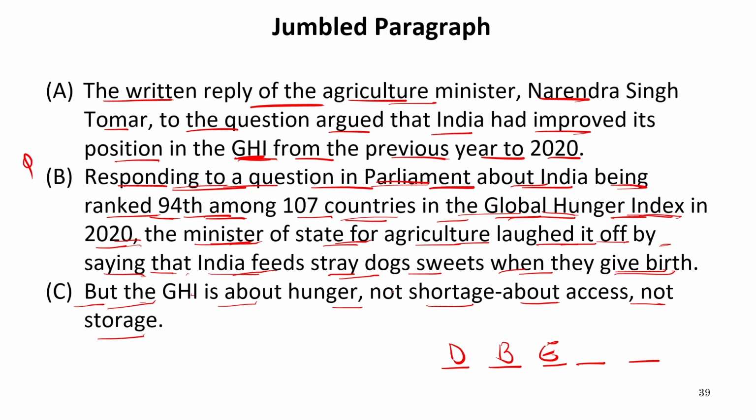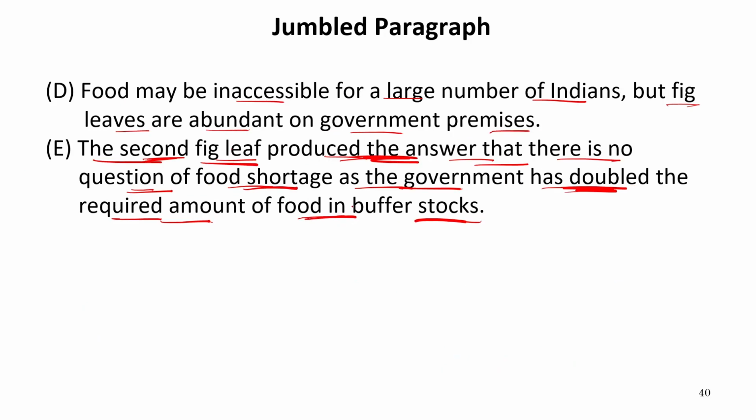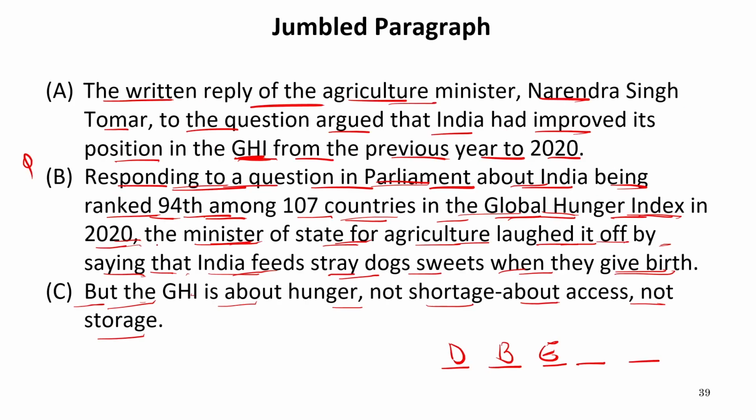In the E sentence, it is written that food in buffer stocks. So the answer is that there is no question of food shortage as the government has doubled the required amount of food in buffer stocks. So the food is available there in buffer stocks. But in C, it is written that the GHI is about hunger, not shortage, about excess, not storage.